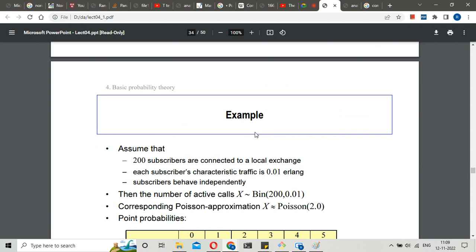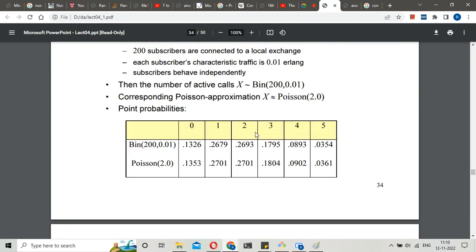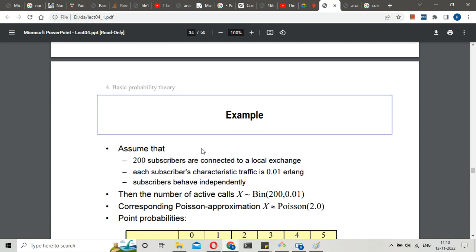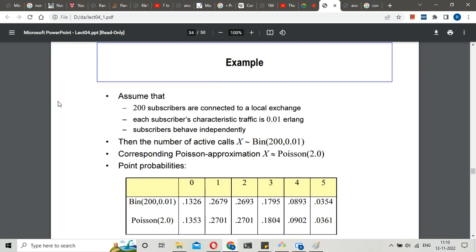Rishi, last time you mentioned this Poisson and Bernoulli is important, right? Let's talk about this example and how they are explaining it. What they are saying: assume that 200 subscribers are connected to a local exchange.